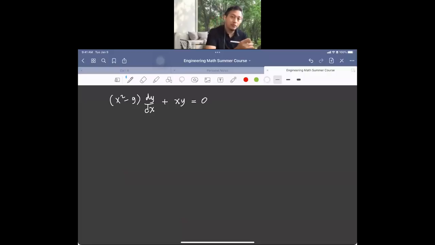First, this is a similar case to what we had before, so we need to make sure we write it in standard form. So we write dy/dx plus x over (x squared minus 9) y equals 0.